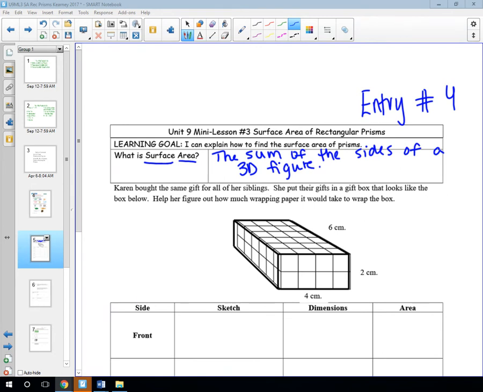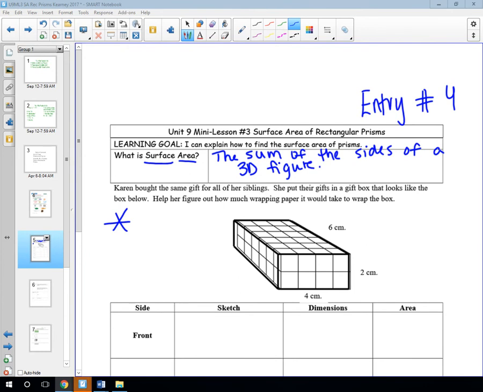For me, I love birthdays and I love giving gifts and getting gifts. And so surface area, you could also find when you're talking about the gifts. So if you're wanting to wrap a present, so this picture here, we have Karen, and she has bought this beautiful gift for her family. I mean, goodness gracious, look at that box.